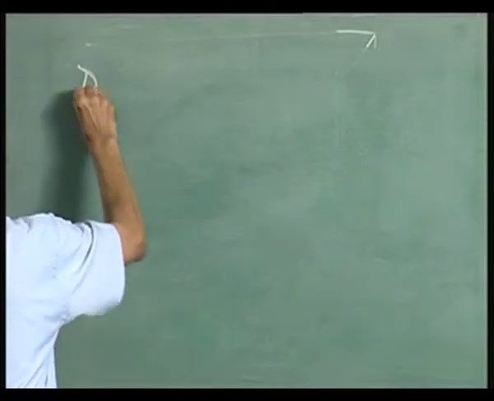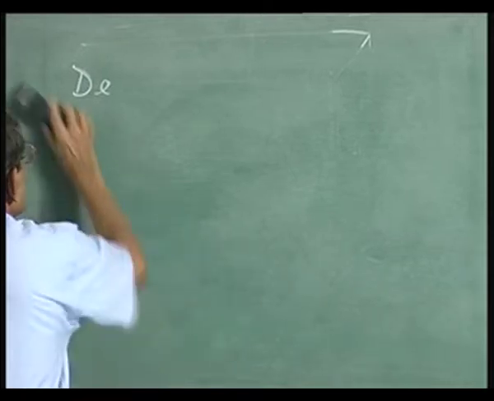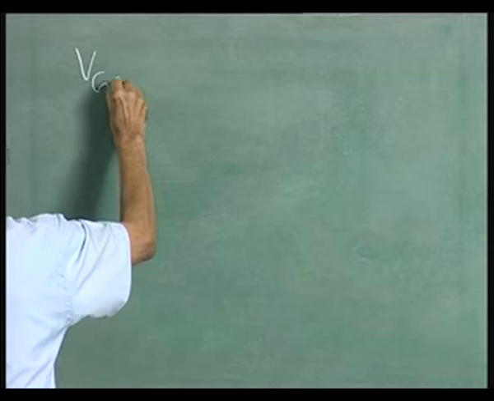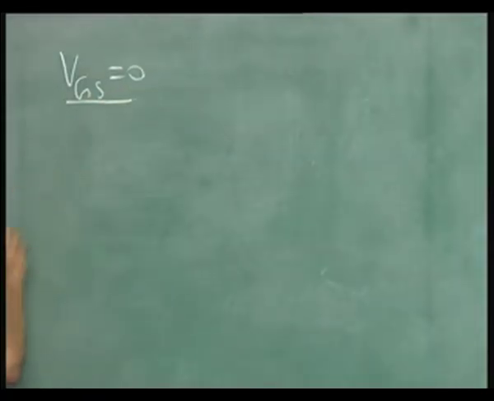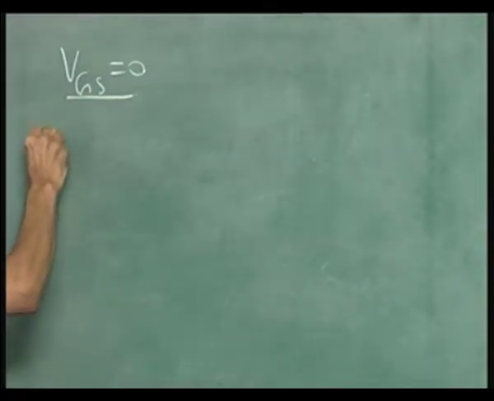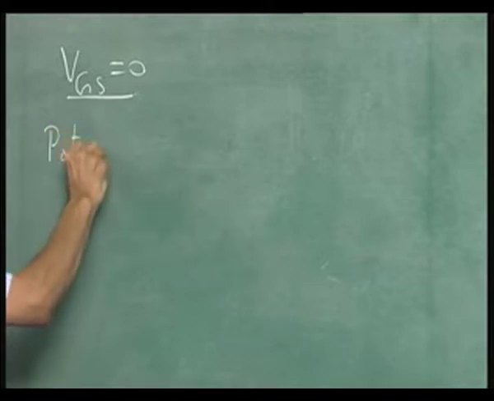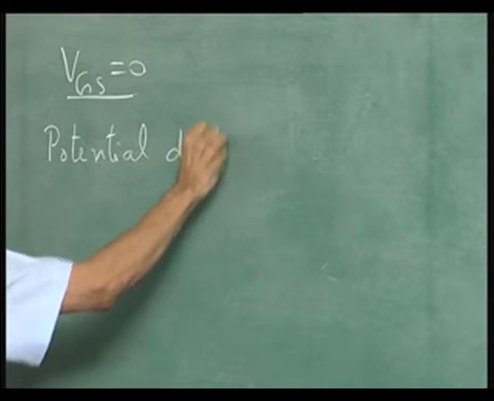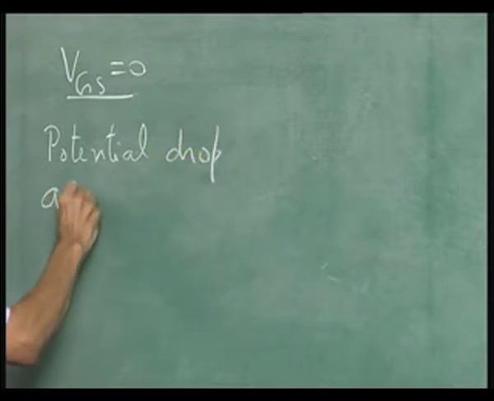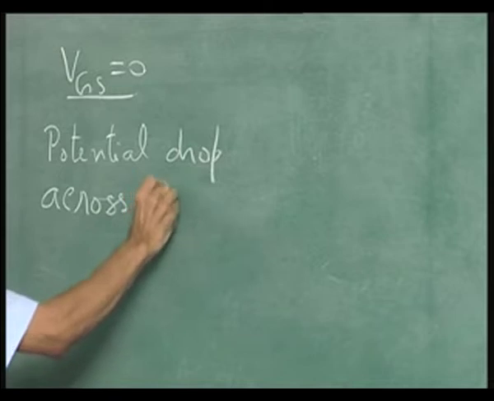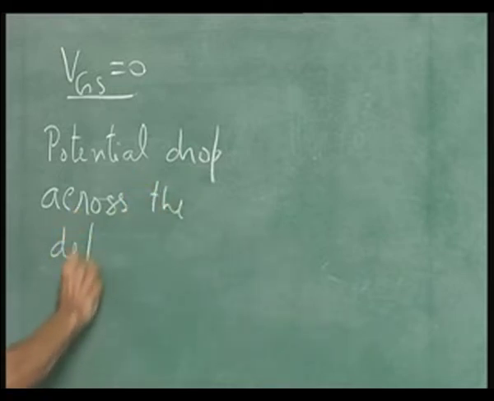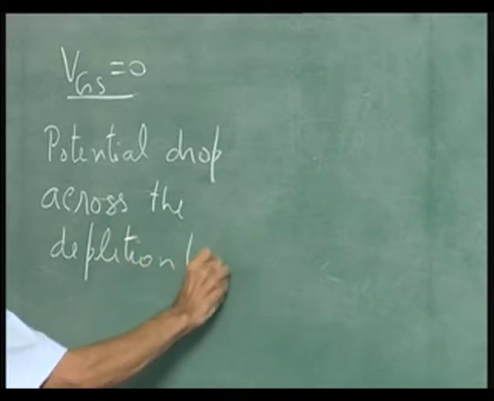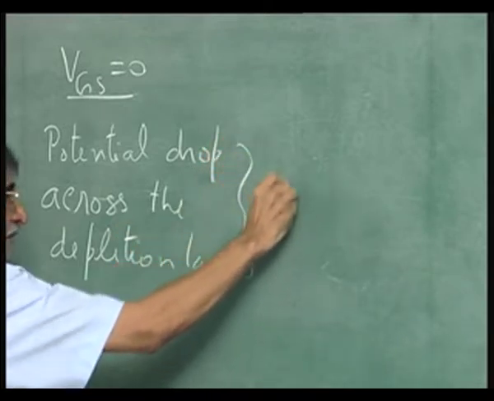So, the depletion layer width, we are considering VGS equal to 0, okay. Then the potential drop across the depletion layer is equal to VBI.